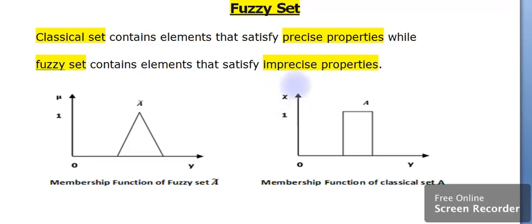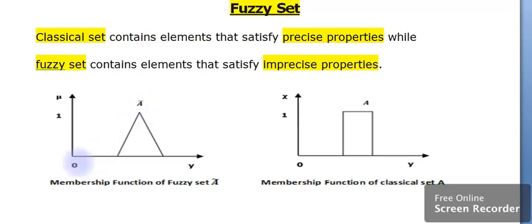This is the characteristic function, so the value of this characteristic function may be 0 or 1, right? Now come to fuzzy set. If it is a fuzzy set, it is indicated by a bar. If it is an ordinary set, it is A. So if it is a fuzzy set, what does this bar indicate? It is a fuzzy set, not a classical set.